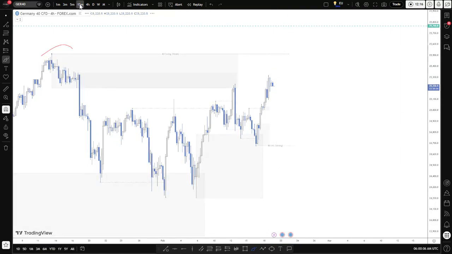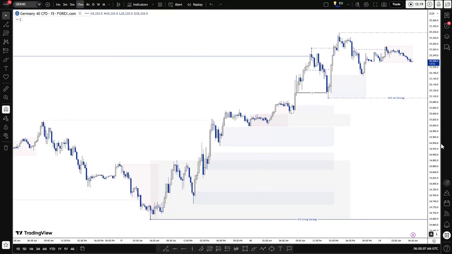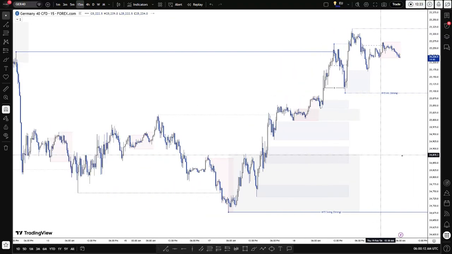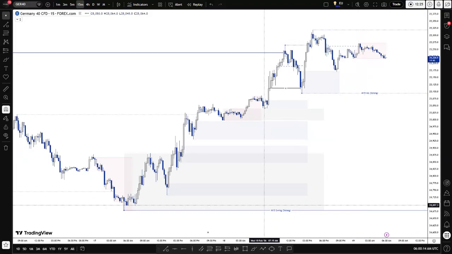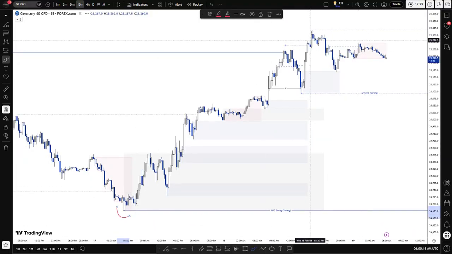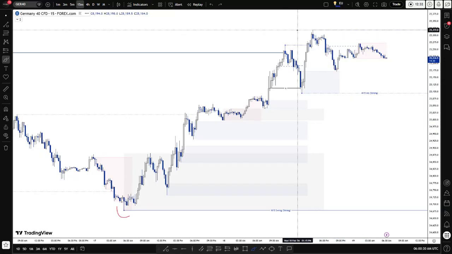Let's drop down to the M15 time frame. On the M15, my swing structure is bullish. This is my strong swing low, and we haven't gotten a significant pullback. That's why I haven't labeled my strong internal high, swing high, and also internal is bullish.